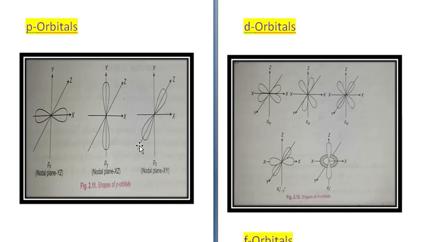The nodal plane of px is y-axis and z-axis. The probability of finding electron is least along y-axis and z-axis. For py, nodal plane is x and z. For pz, nodal plane is x and y. Alright, so these are the p orbitals.